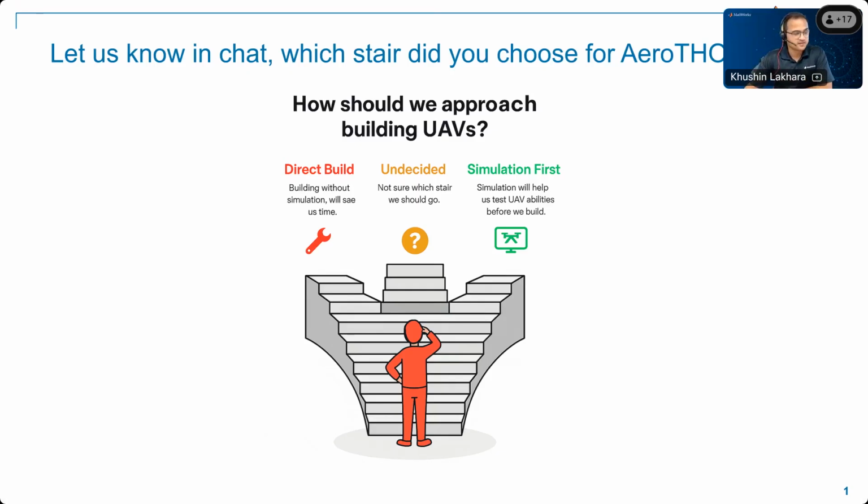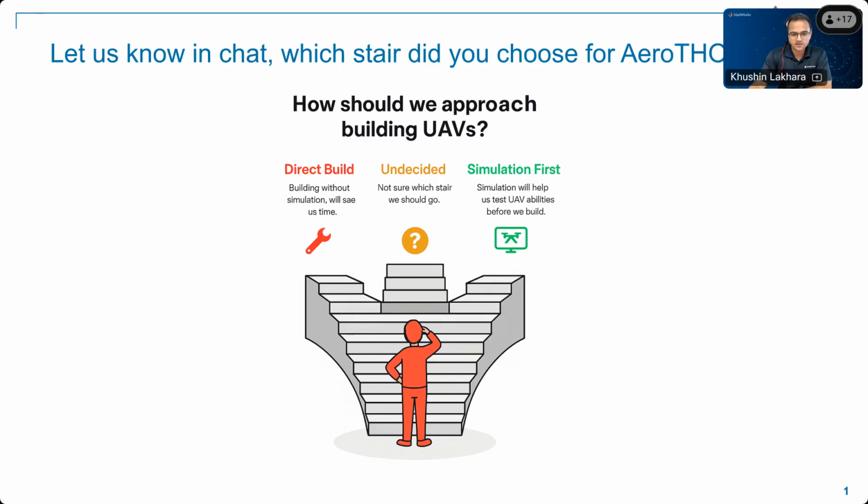I'm assuming if most of the people are not answering this, either they are undecided or they are on the directly build phase. But if you have any other thought, then let me know that no, we should go for this phase or another phase, or we should have any fourth way.